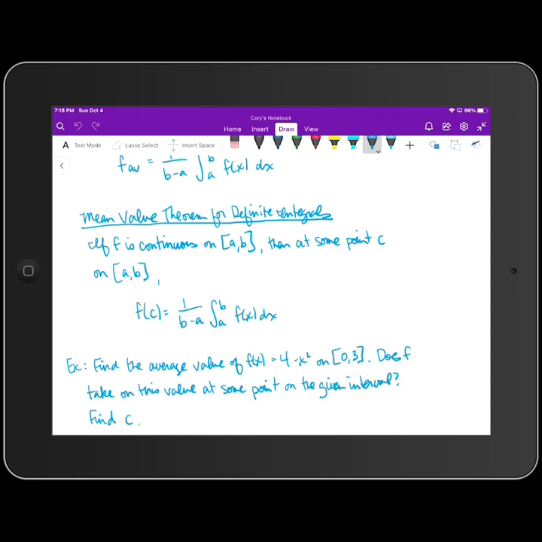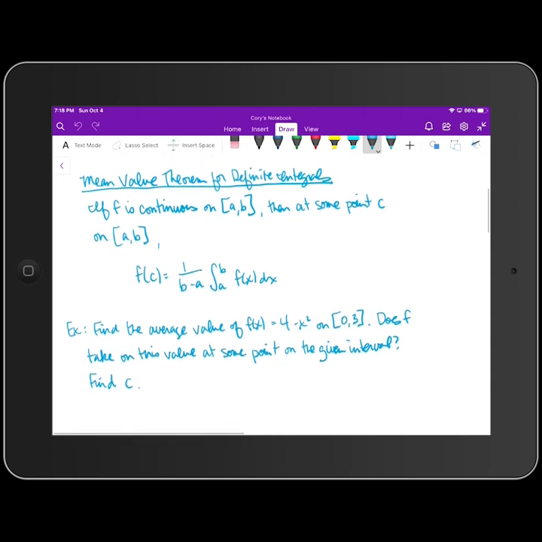So what that's saying is that if your function is continuous on a closed interval, there has to be some point on that interval where the function value at that point is going to be equal to the average value of the function on the given interval.